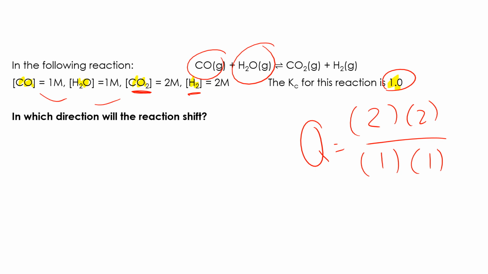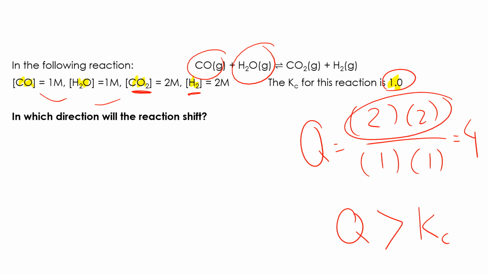Here we have Q equal to 4, which means that Q is greater than Kc. What does it mean? When we have Q greater than Kc, of course, we can directly understand that the concentration of the products is higher than the concentration of the reactants.